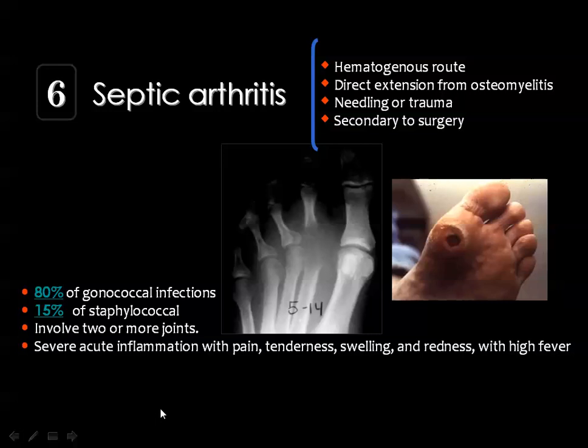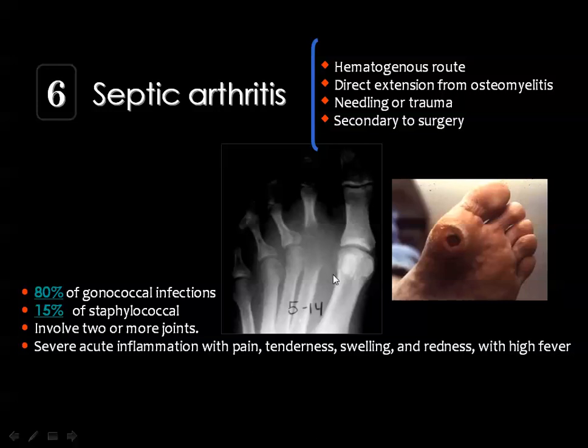It can involve one joint or more than one joint, and of course the best example nowadays for septic arthritis is the diabetic foot, where you get infection of the foot with infection of the soft tissues as well as the bone, resulting in osteomyelitis and septic arthritis of one or more of the joints.